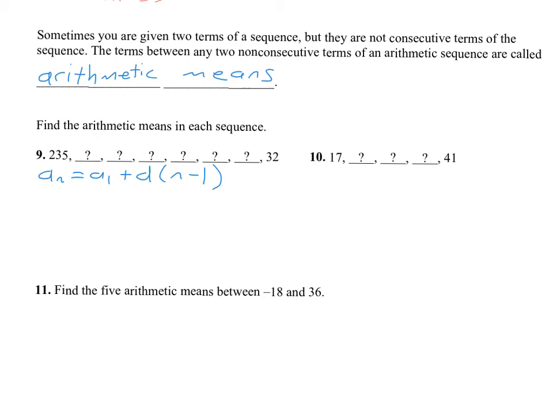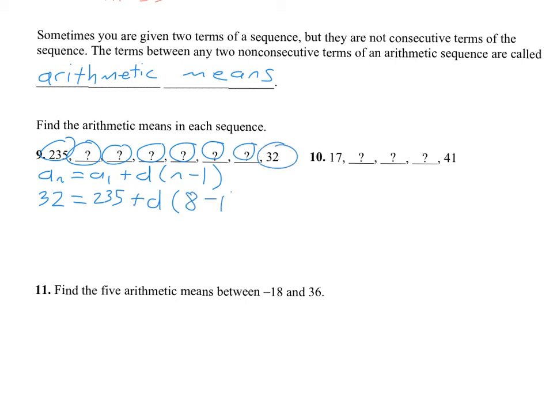So they plug in the last term for AN, and then the first term for A1. We don't know what D is yet. And then to find N, you just count. So let's see, 1, 2, 3, 4, 5, 6, 7, 8. 32 is the 8th term in the list.